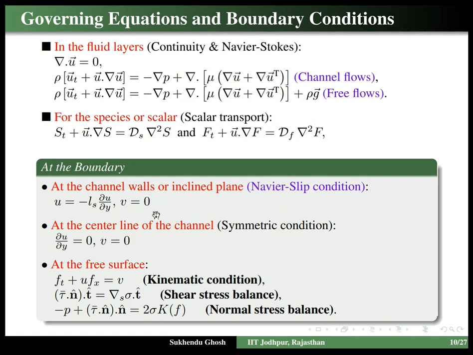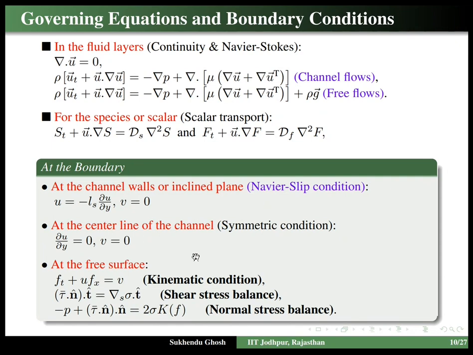Now to actually solve this problem, we assign appropriate boundary conditions. As I told you, we are interested in slippery channel flow, and that's why we have to take a mixed type boundary condition, also known as the Navier slip boundary condition, which is included here. If you are considering symmetry inside your channel, that means you want to analyze a half channel and your flow system is symmetric with respect to the center line, then you can apply the symmetry condition, or the no stress jump condition at the middle.